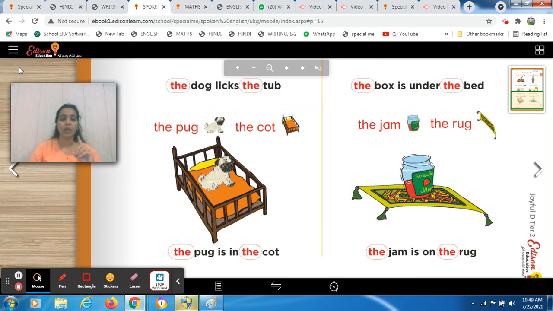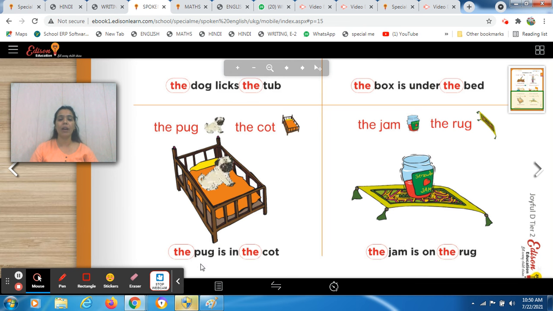Now I'm not saying it. You have to try to make a sentence. See these two words, the pug, the cot. You try to make a sentence. Now I'm not helping you. The pug is in, not under. The pug is in the cot.